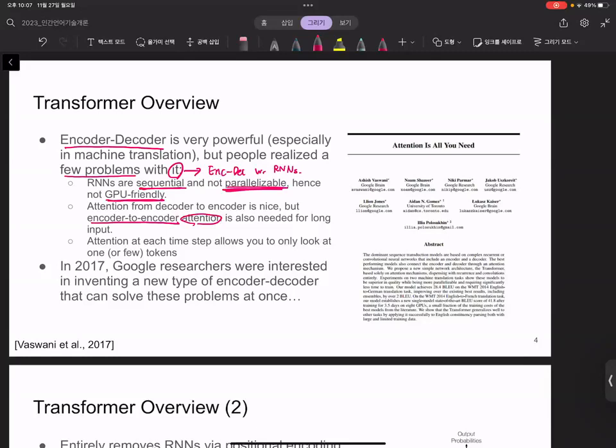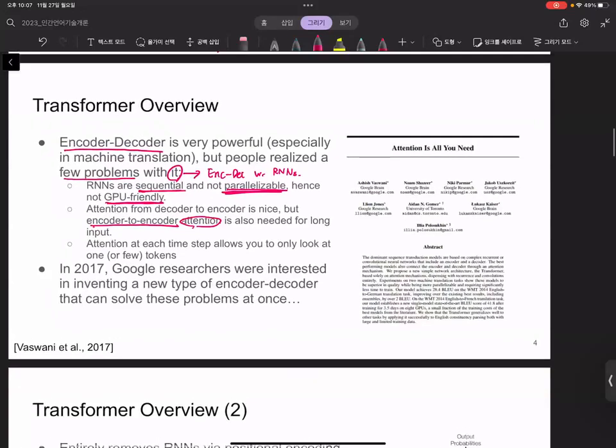So that is the weakness of RNNs. We have already mentioned such weaknesses. That is why we need encoder side attention. If we can use attention in the encoder side, then we can model the long distance relationship between the tokens in the input sequence.